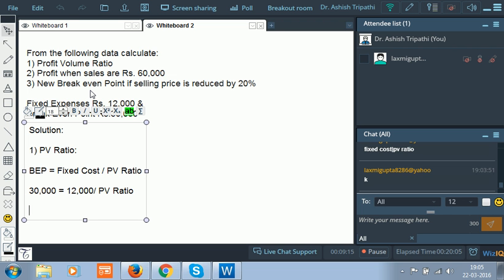Therefore, PV ratio is equal to 12,000 divided by 30,000.